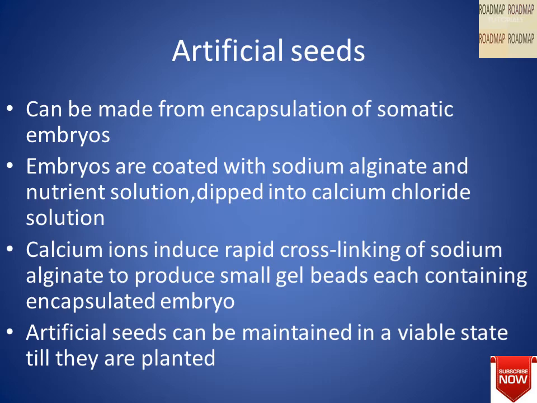So the calcium ions induce the rapid cross-linking of sodium alginate to produce small gel beads, each containing an encapsulated embryo. So these artificial seeds or encapsulated seeds can be maintained in a viable state till they are planted. So this is about artificial seeds from somatic embryos.